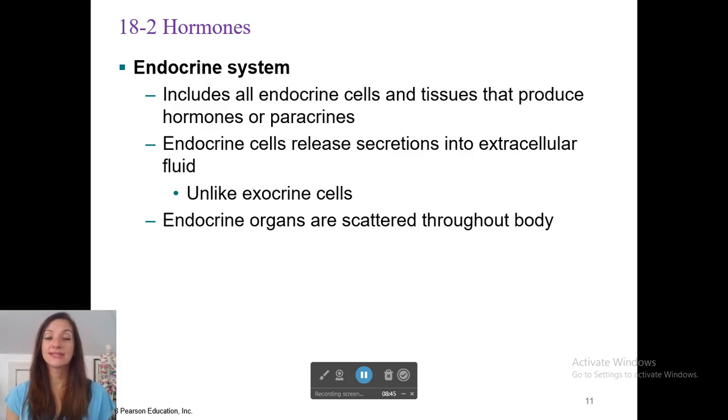So it goes from the cells into that fluid. Whereas exocrine glands are going to be releasing the secretions to the surface of the body, such as the skin, or through a tube or duct that would then lead to the surface of the body.